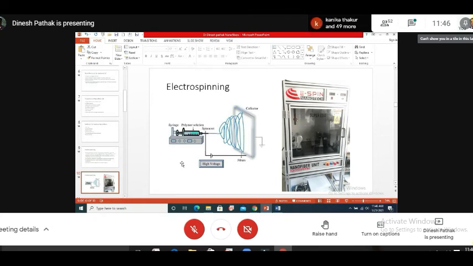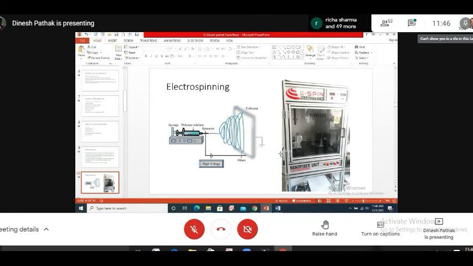The instrument varies from company to company. This is a syringe based electrospinning method. The earlier equipment on which I was working in the Czech Republic had a chamber that we filled with the solution, but the principle is the same. We fill either the syringe or a chamber with the solution, and we apply opposite potentials.